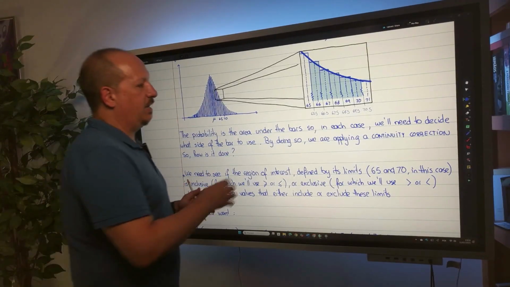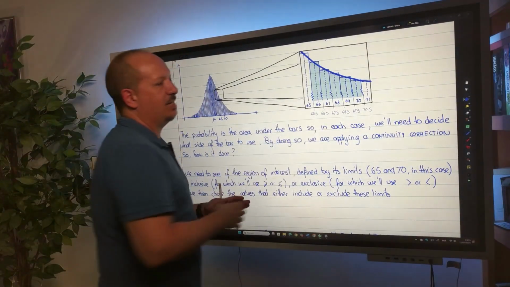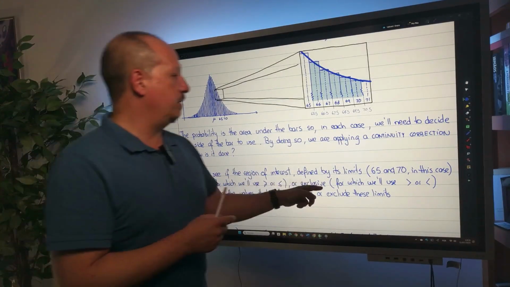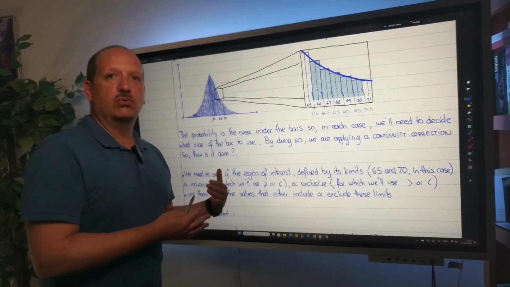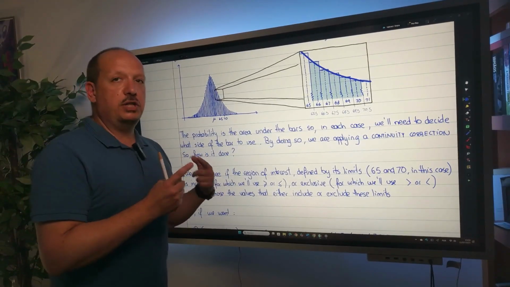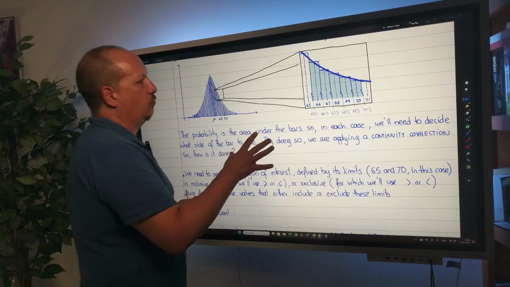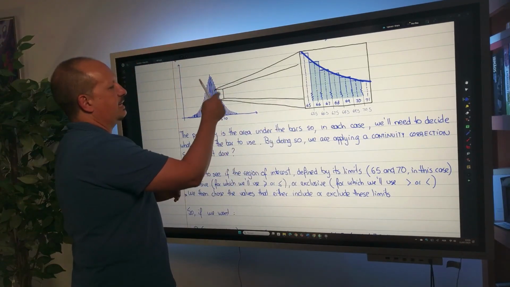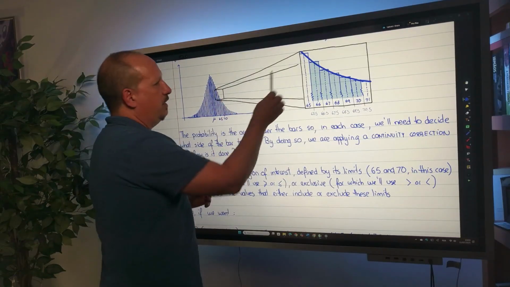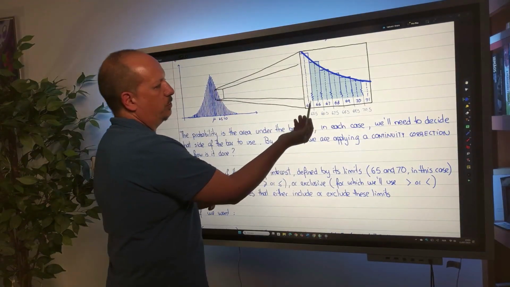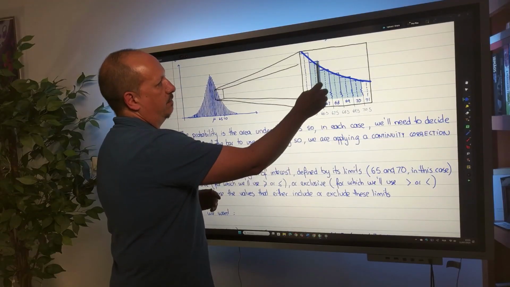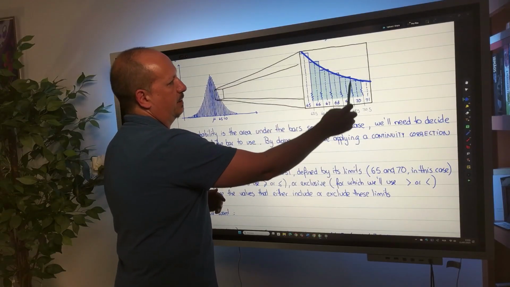That is, if the 65 and the 70 are included as a possible grade, or exclusive, in which case they don't. We need to know that, and then what do we do? I zoomed in here, this section of the bar. And you can see here that the bars between 65 and 71 are, as expected, something like this.